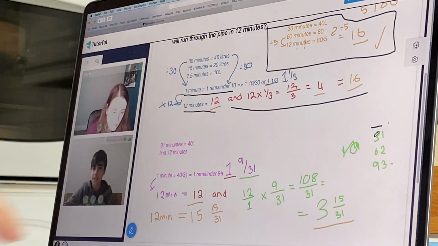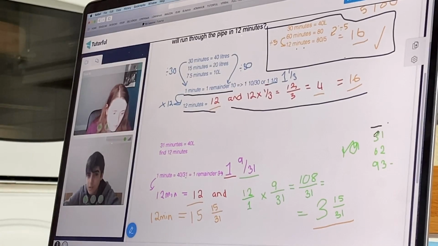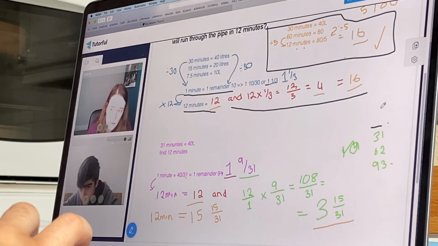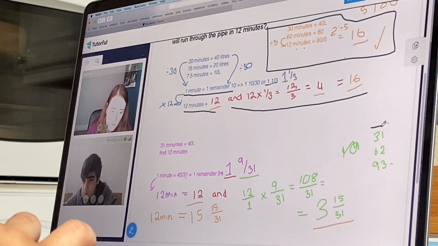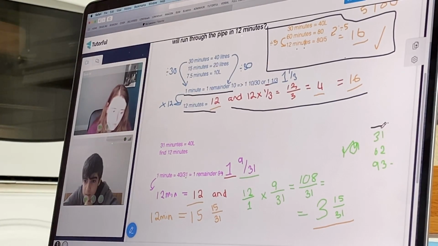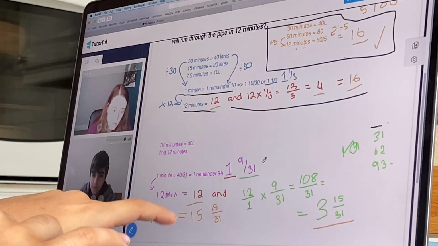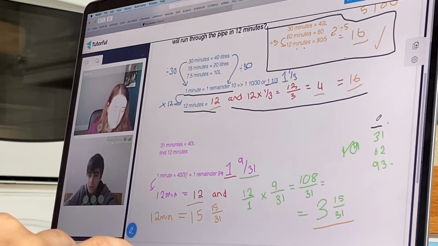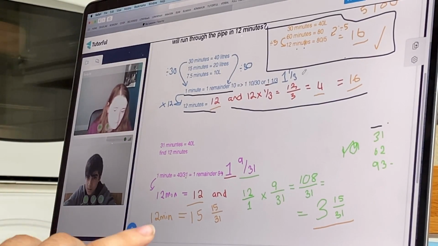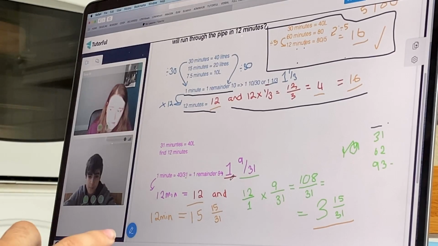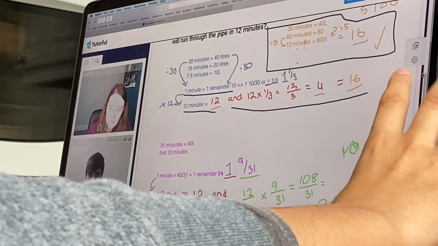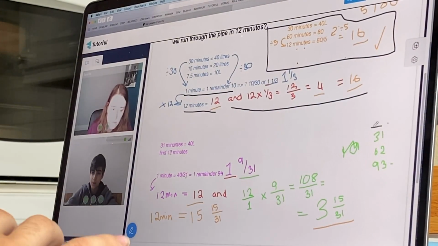We can't divide it because on that one you could divide it by 5, but 31 is not divisible. So that's why we did it this way. It would be harder to do this orange way because it's not even. But if it was even, you could do it that way.